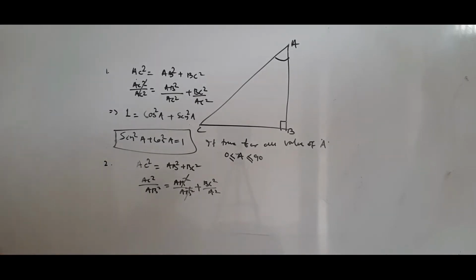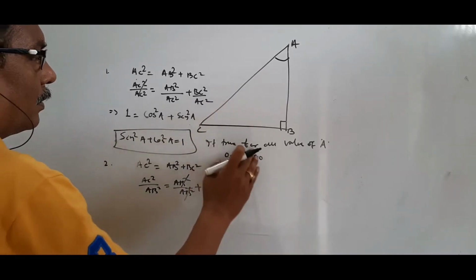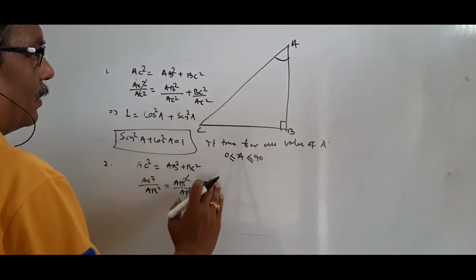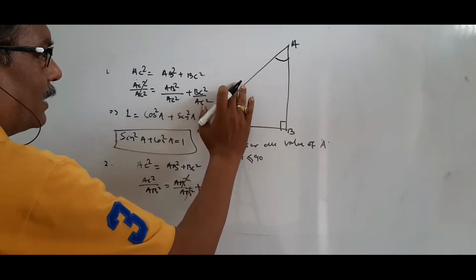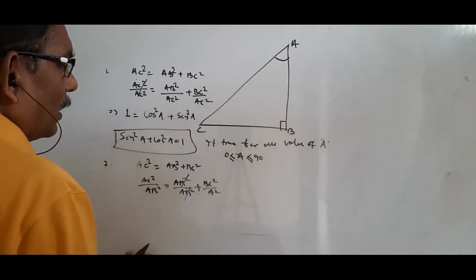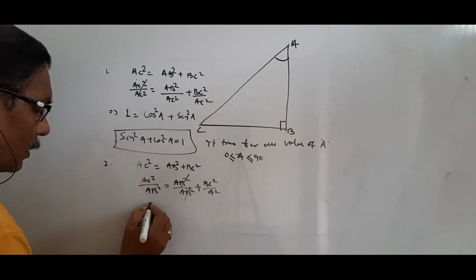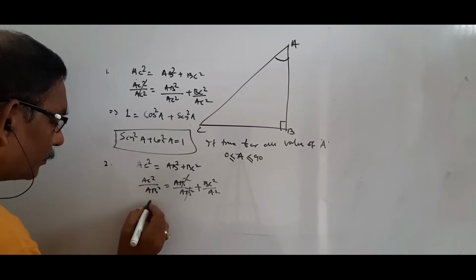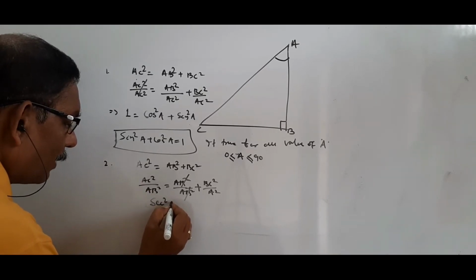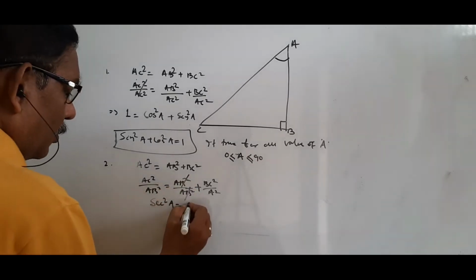Now see here, AC square by AB square is hypotenuse by base, I mean H square by B square, which gives you sec square theta. Sec square theta means sec square angle A. And it is 1.